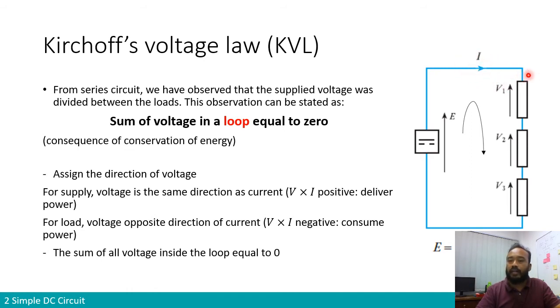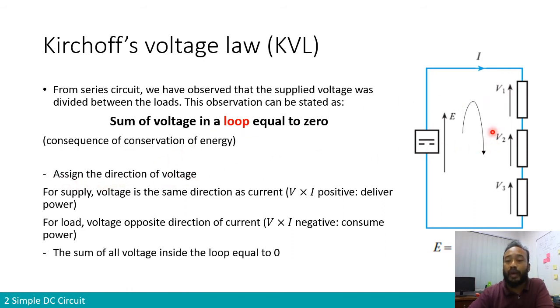Because when the current gets into the resistance, we have higher energy, but as the resistance consumes it, when the current is leaving the resistance, the level of energy we could consider as smaller. Therefore, the arrow representing the voltage across the resistance will be in this direction, right?